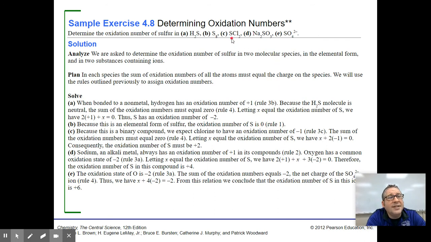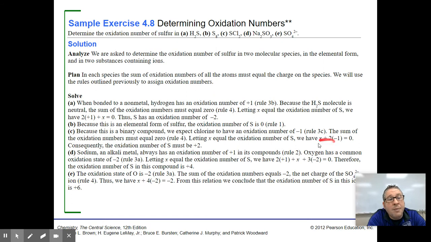Next, we have SCl2. Again, we're going to give the S an X in our problem. And we see that we have another neutral compound. Chlorine is going to have a -1 oxidation number, and there are 2 present.